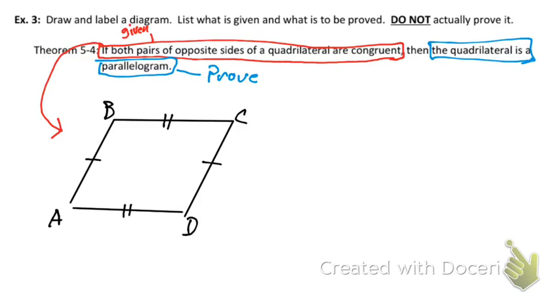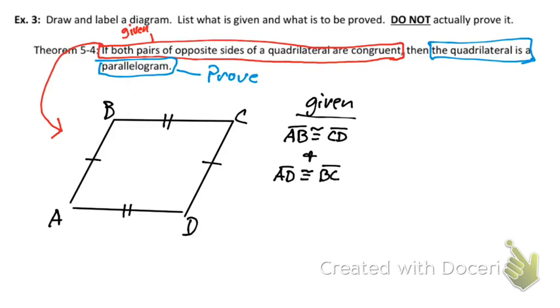Then with that drawing, since that if part is my given, we're going to say what that means in the drawing. So what was given to me is basically that AB is congruent to CD and AD is congruent to BC. That's what's given to me per my drawing.